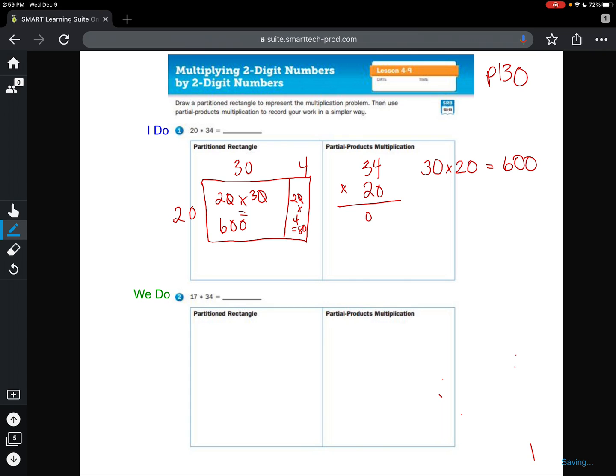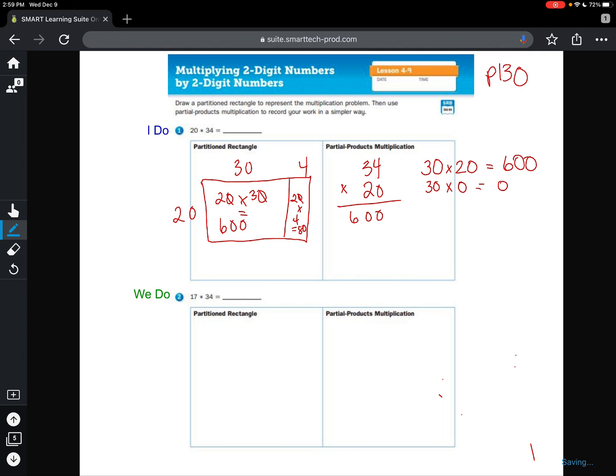That gives me 600. So I'm going to write 600 down here. Then I would go and do 30 times 0. But 30 times 0 gives me 0, so I'm not going to add anything.